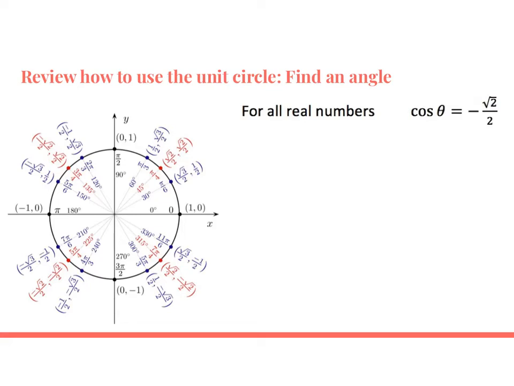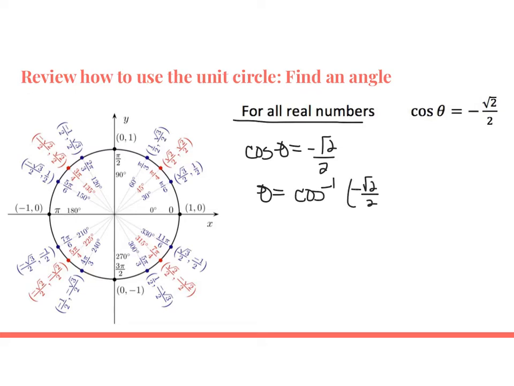Let's do another one of those for all real numbers. For cosine theta equals -√2 over 2, again, we're solving for theta. It's going to be inverse cosine of that -√2 over 2.